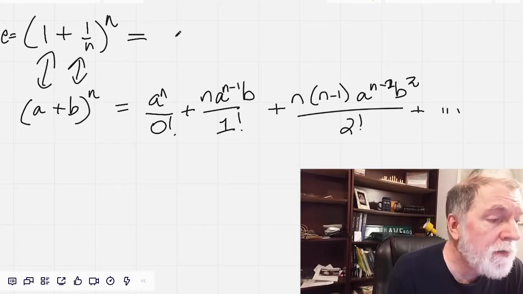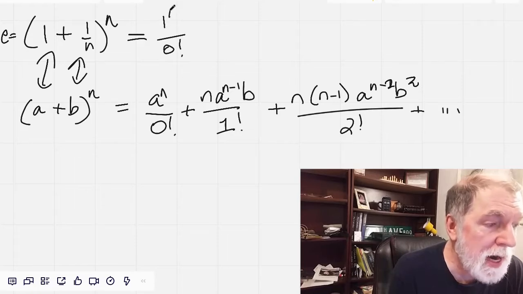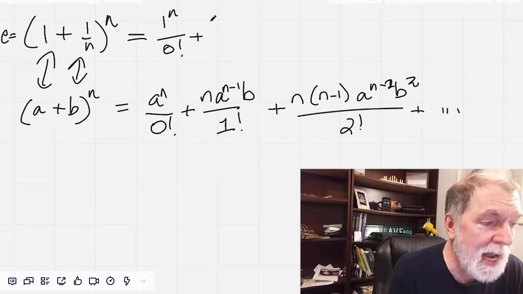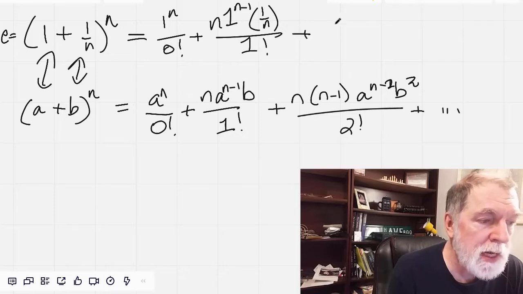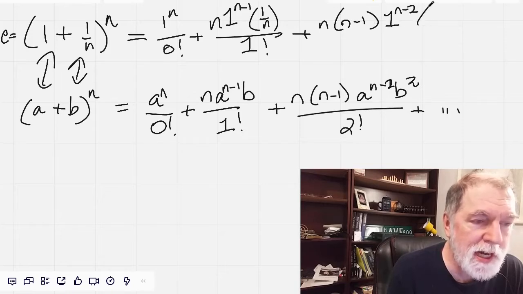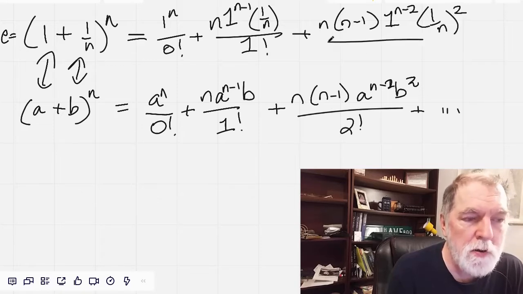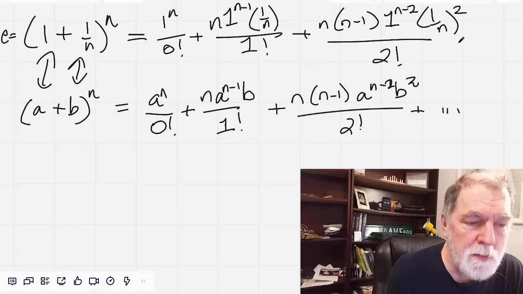So we've got 1 to the power of n over 0 factorial, plus n times 1 to the n minus 1 times 1 over n to the 1 over 1 factorial, then n times n minus 1 times 1 to the n minus 2 times 1 over n, all to the second power over 2 factorial, plus and so forth.